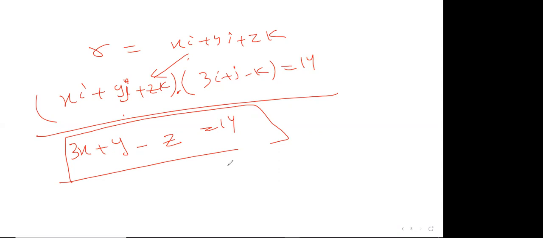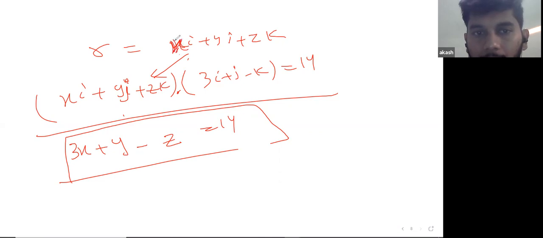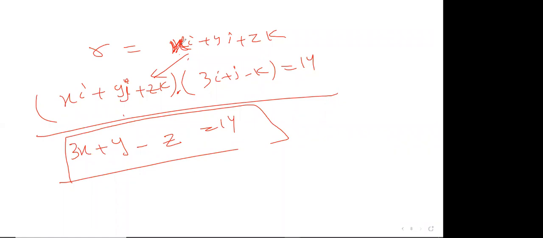So what have you written for r? Is that xi? Sorry, in Cartesian form, we write the answer in x y z form. Can you go back to the previous page?